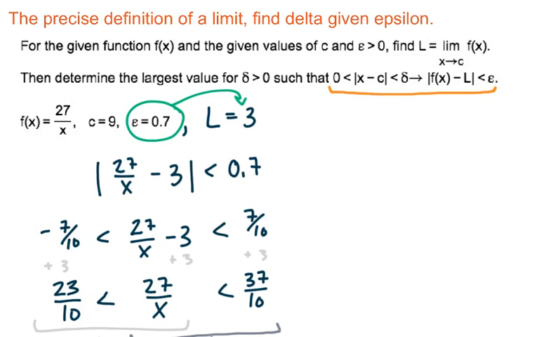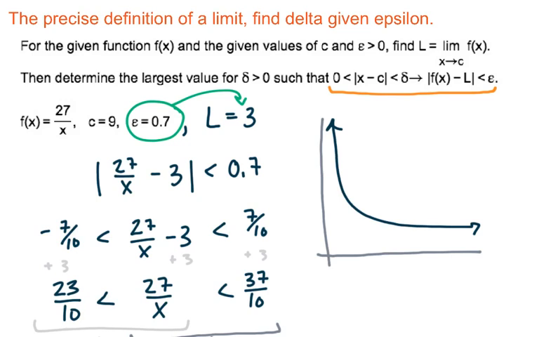And let's just think about that on our graph. So if we consider the graph of this function, it's a hyperbolic curve, does something like this. And say we have some point at x equals 9, because we are looking at approaching 9 from either the left or the right. So we're saying, well, as we get closer from the left and right towards this value, what is my output? And the output is my limit 3.